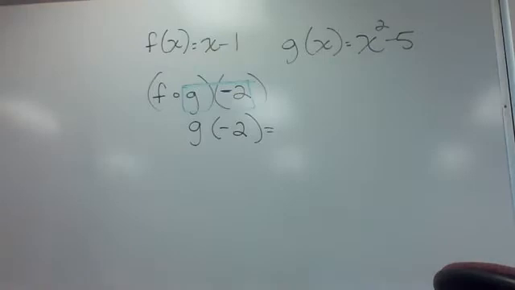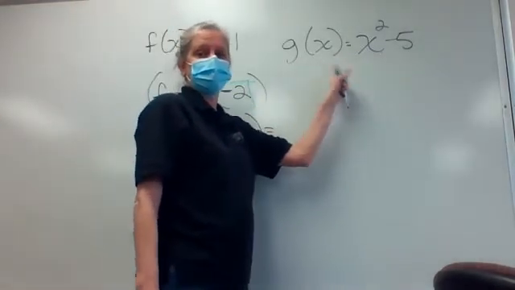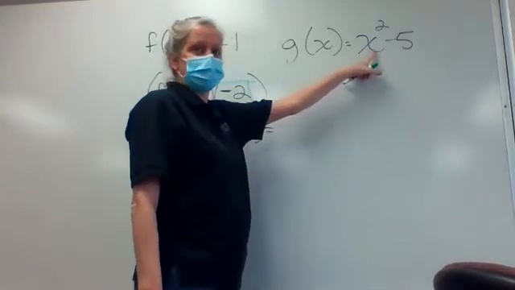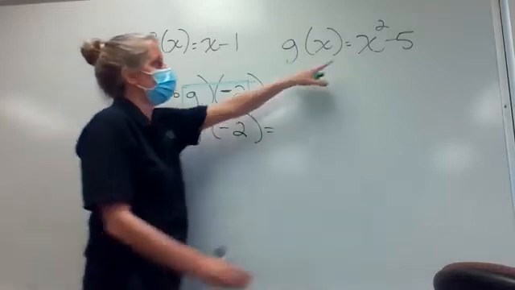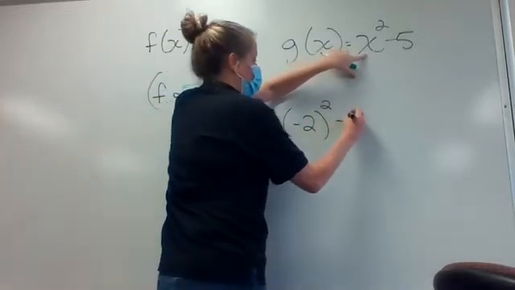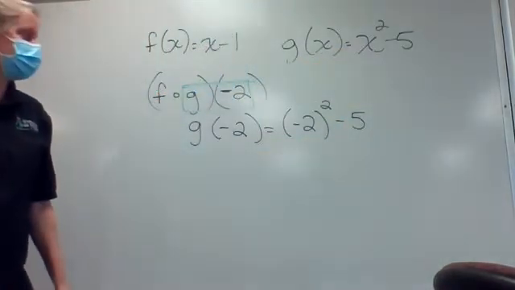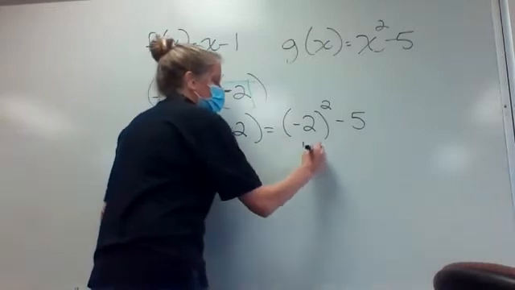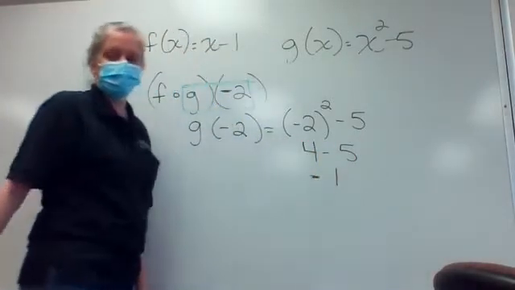Just like always, what does that mean you're going to do? You're going to go over to your g function and replace its x with what's in the parentheses. So in this case, negative 2. So I'll have negative 2 squared minus 5. Well, negative 2 squared is positive 4, minus 5 gives me negative 1.